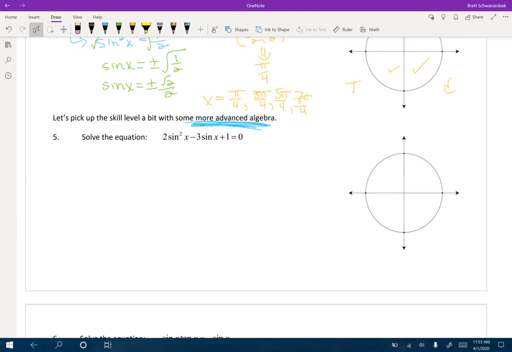So if you look at number 5, basically what we have is a scenario where we have a sine squared, we have a sine to the 1, and then a constant term. The best way for me to help you decipher what you're looking at here is this is essentially identical to this. We have a quantity squared in the beginning, we have a quantity not squared, and then we have a constant, which is basically a trinomial.